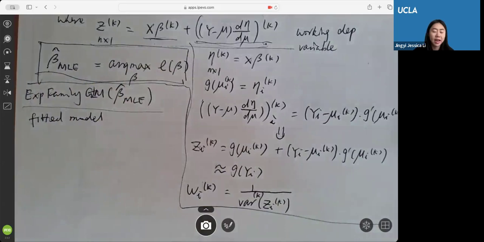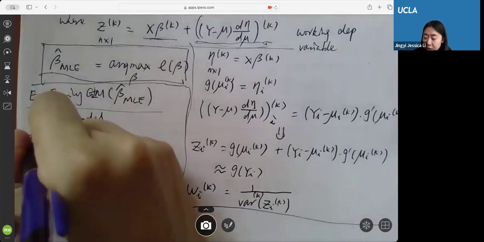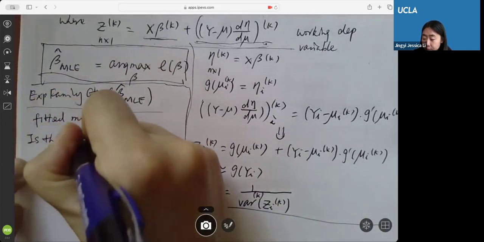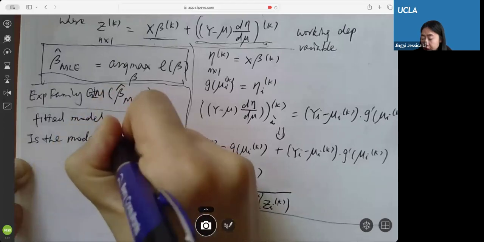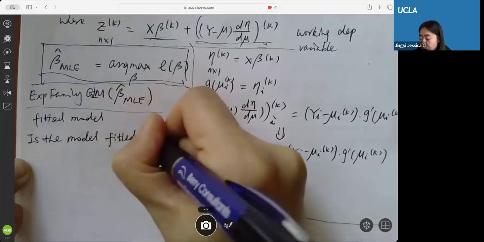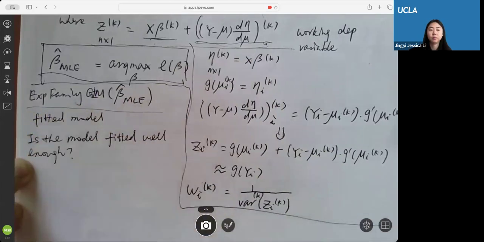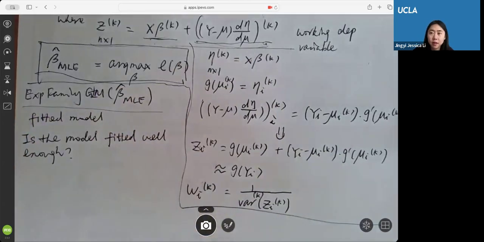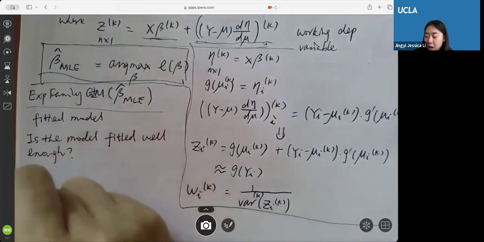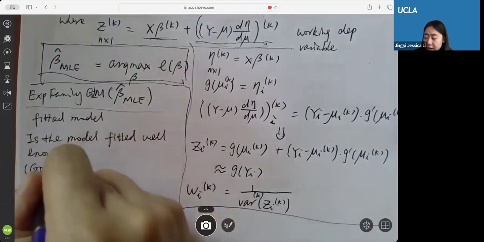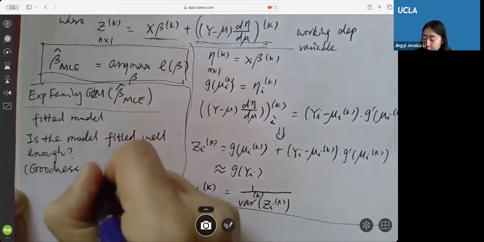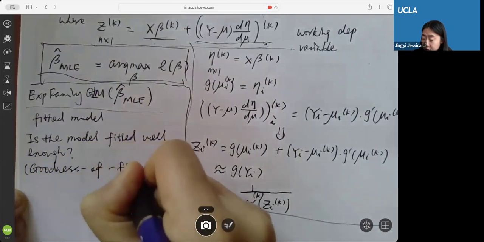But the question we want to ask is, is the model fitted well enough? Okay, how can we answer this question? And to answer this question, it is commonly called a goodness of fit test.